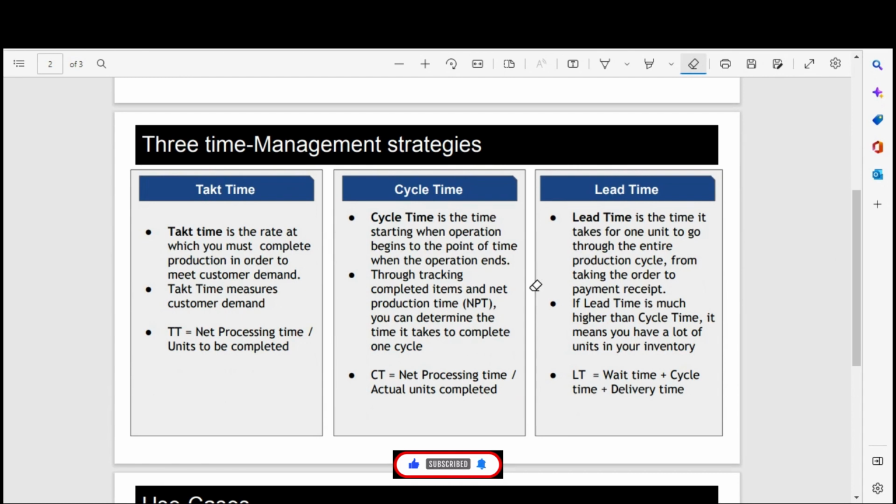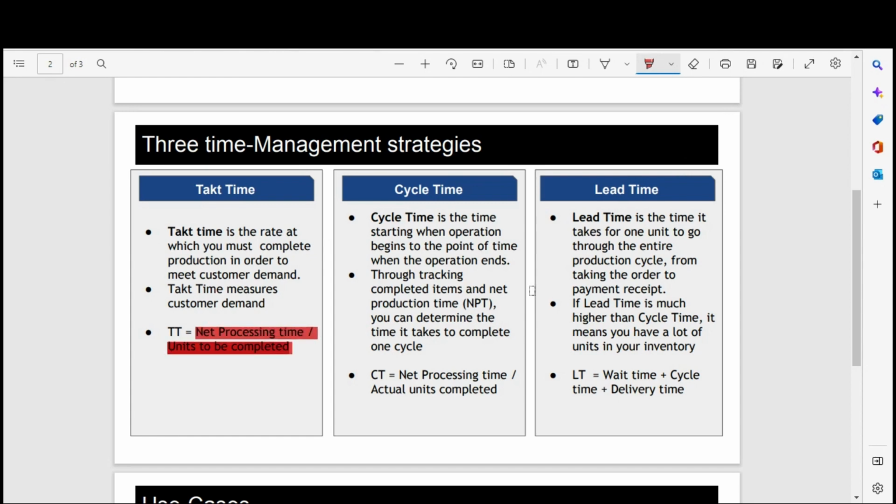So the first of the three is takt time. So what exactly is takt time? Takt time is the rate at which you must complete the production in order to meet the customer demand. Takt time measures customer demand. So what is customer demand here? Let's say, for example, the customer is demanding you to produce 60 units in a shift time.